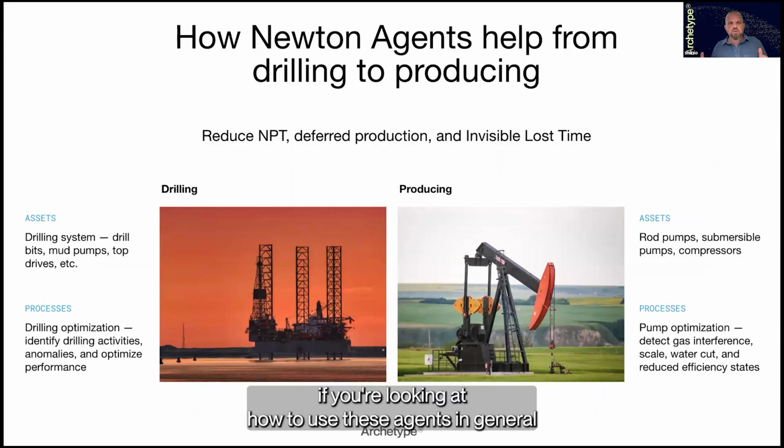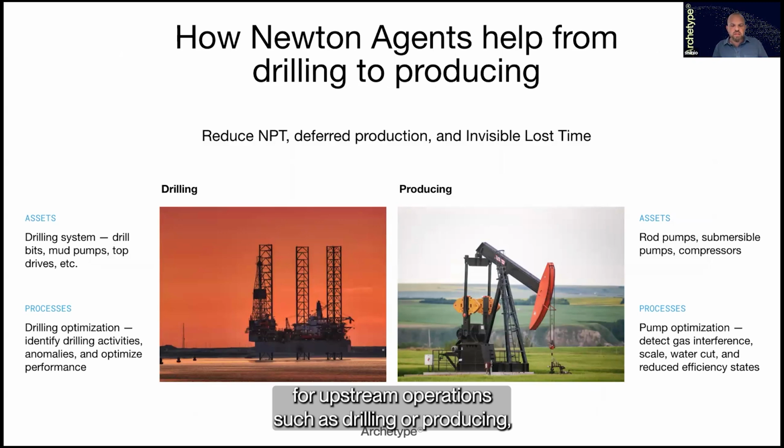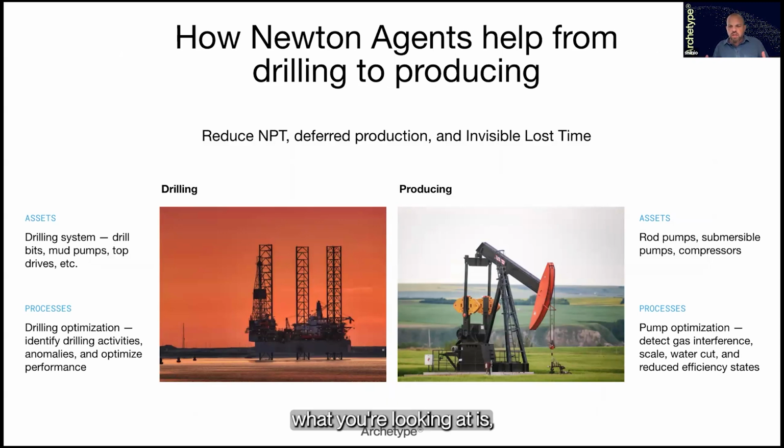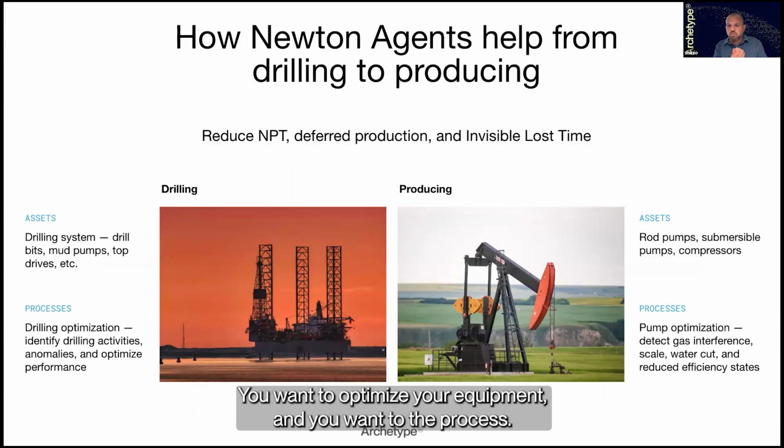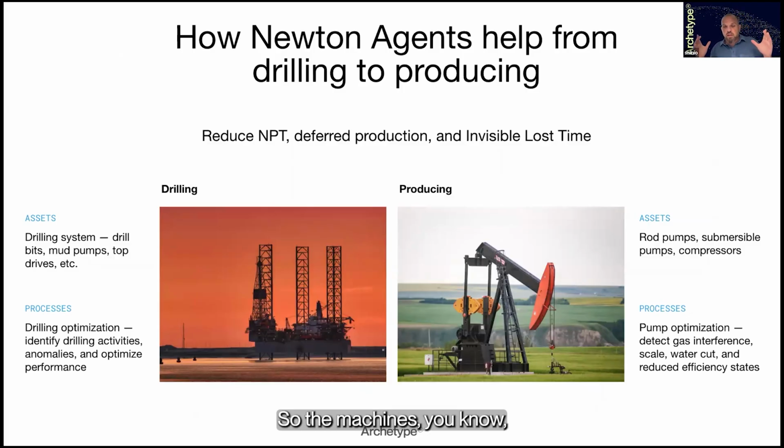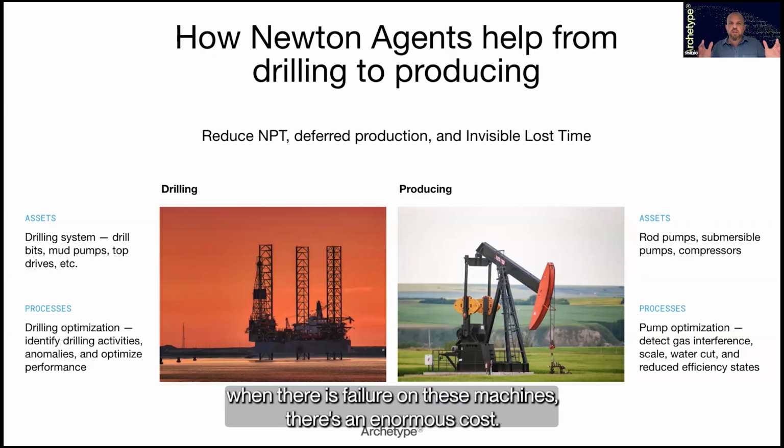Specifically, if you're looking at how to use these agents in general for upstream operations such as drilling or producing, what you're looking at is optimizing your operations in a few different ways. You want to optimize your equipment, and you want to optimize the process, right? So the machines, when there's failure on these machines, it's an enormous cost.